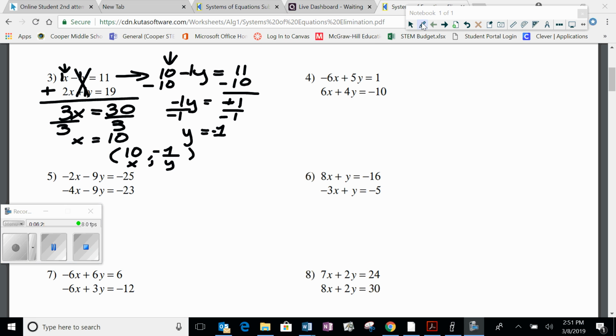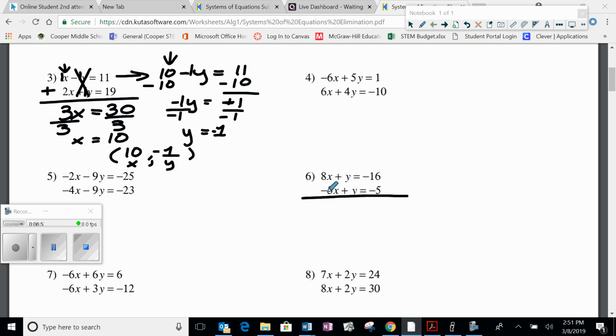Number 6, we have 8x plus y equals negative 16, and a negative 3x plus y equals negative 5. If we look, it is in standard form. Now I have to decide if I'm going to eliminate the x or if I'm going to eliminate the y's. So, I have 8x and I have a negative 3x. I would have to do 2 multiplications to make those even.